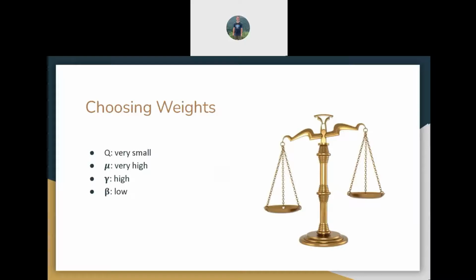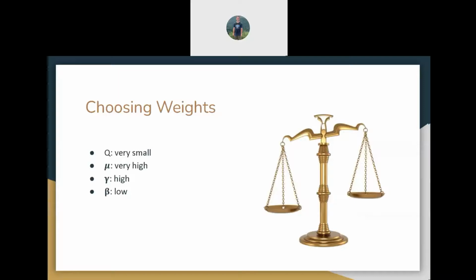I've mentioned and shown a few different weighting variables throughout this, and at this point, the challenge to finding the optimal control solution is tweaking the different variables. So I set Q very low because we don't really care how big the states are while the robot is moving. I set mu very high because it represents a physical constraint on the system that we can't defy.